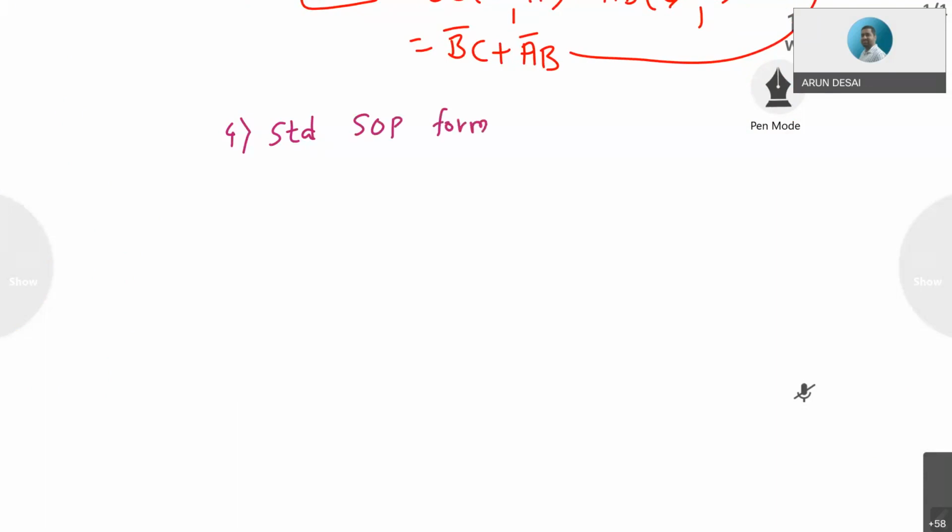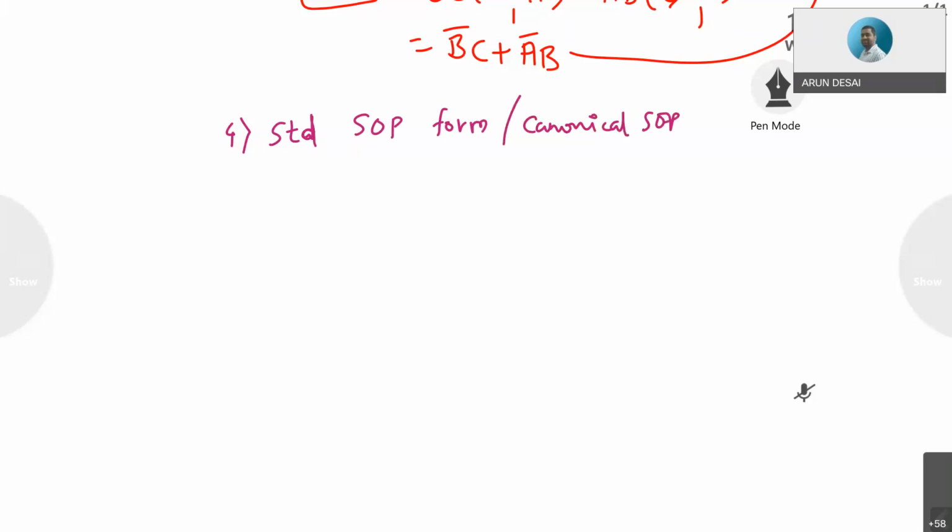Next thing is standard SOP form, or you can say canonical SOP form, right? Fourth way is standard SOP or canonical SOP.